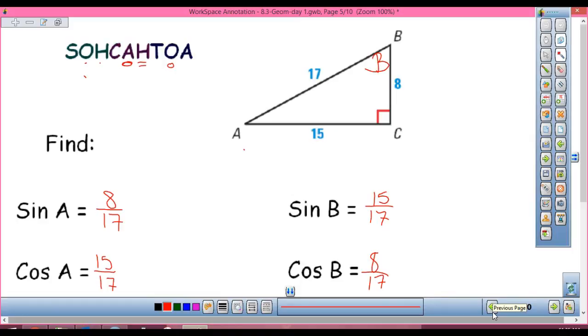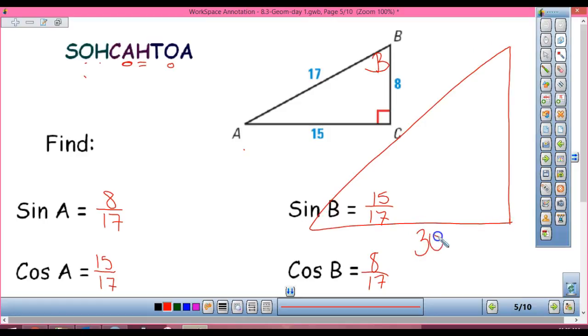Looking at this one. If I had another triangle that was 30, 16, and 34. Okay? You've always got to put your ratios in those terms. Would I end up with the same ratios as this guy? Yeah, why?